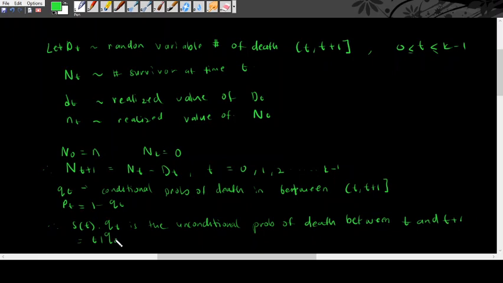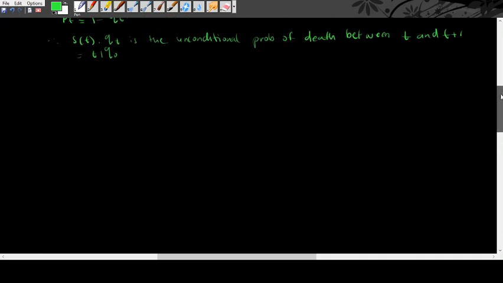So let's look at the distributions for Nt and Dt. Okay, so we know that Nt is binomial with n and st. And we also know that d0 is deaths from 0 to 1, d1 is from 1 to 2, and so on.